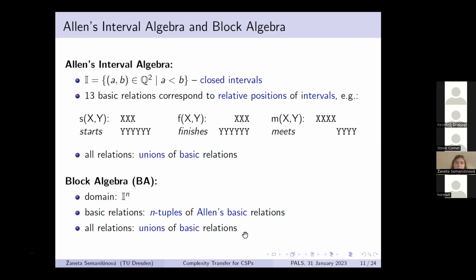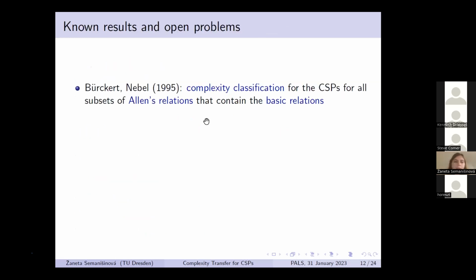And so this is again something that led to open problems. First, in 1995, Birkett and Nebel had a complexity classification for CSPs for Allen's relations, in particular, all subsets that contain the basic relations.